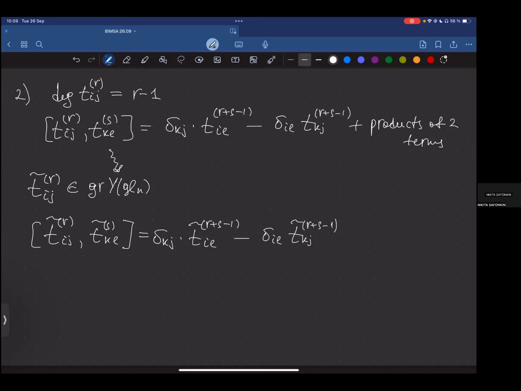So we can see that these relations are exactly the relations of the universal enveloping algebra of the polynomial current algebra. And my goal for today is to explain some analogs of these two properties in a more general setting for the Yangian-type algebras.